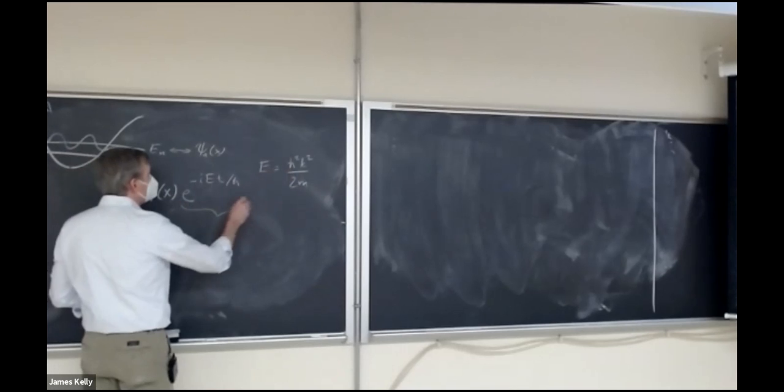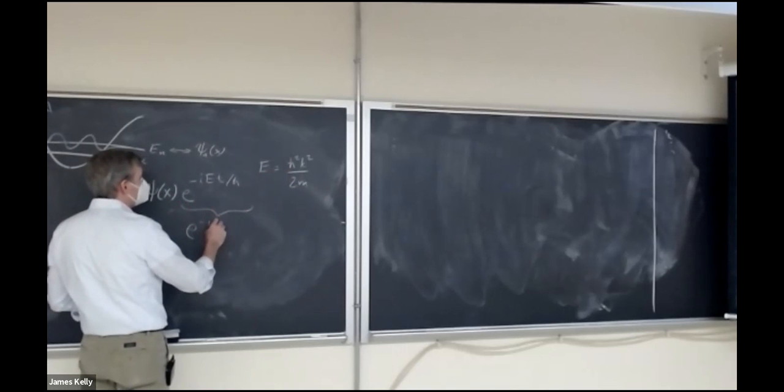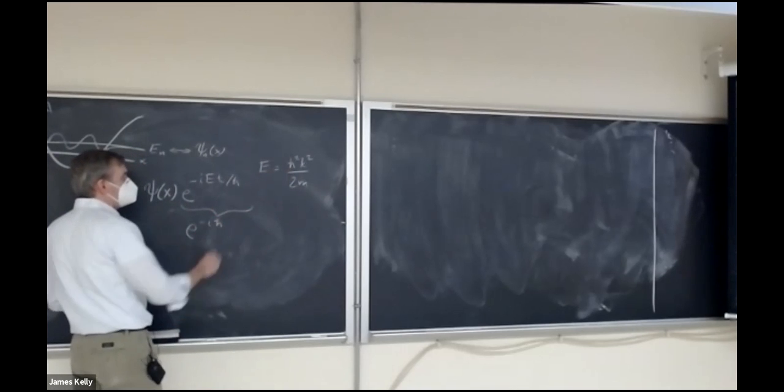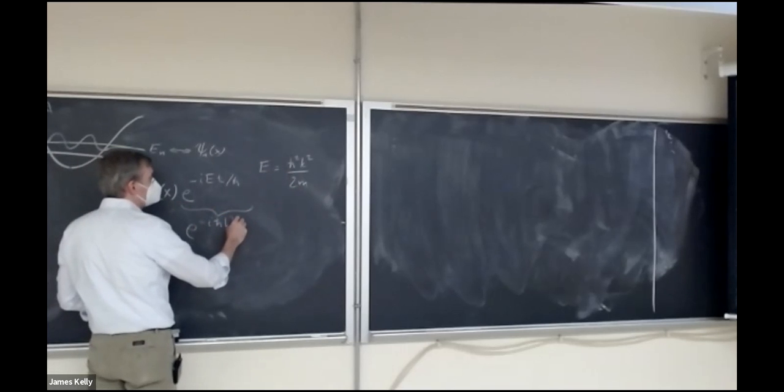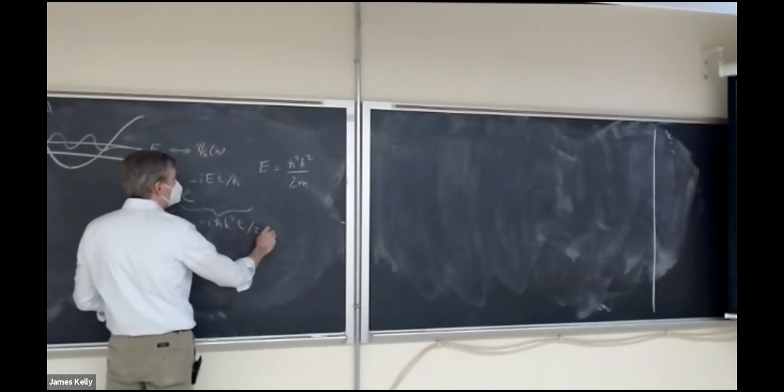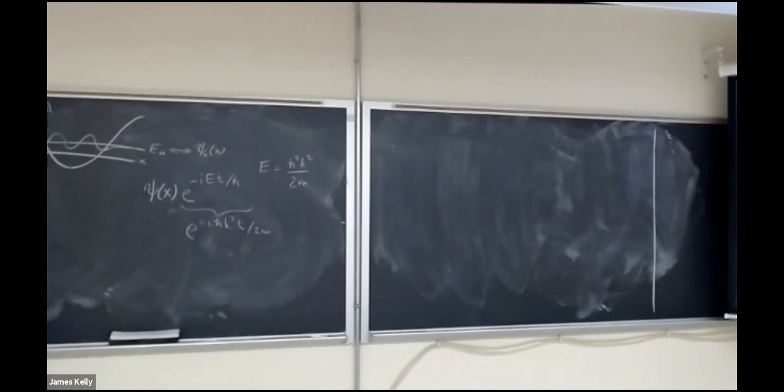So this simplifies to e to the minus i, one of the h bars cancels, we still have the k squared t over 2m, something like that form.